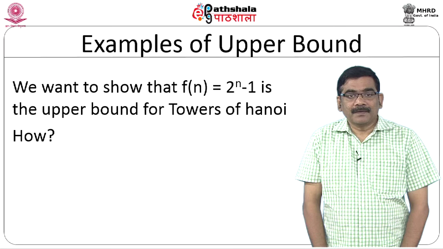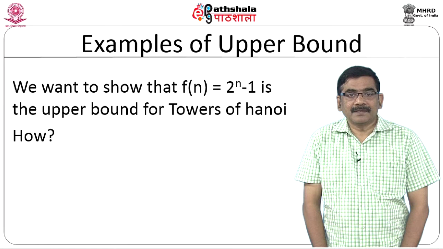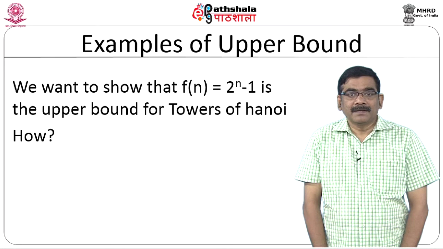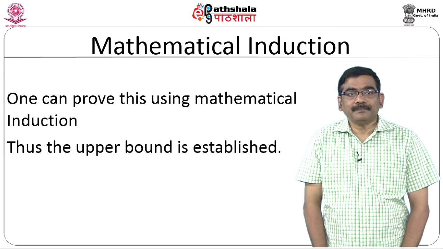So, you can see that it follows 2 power n minus 1. Therefore, we can say that the upper bound of towers of Hanoi is going to be 2 power n minus 1. This is the upper bound of this particular problem.